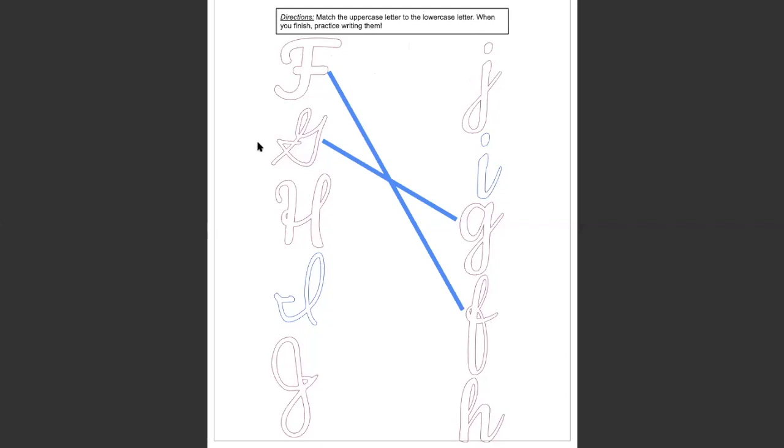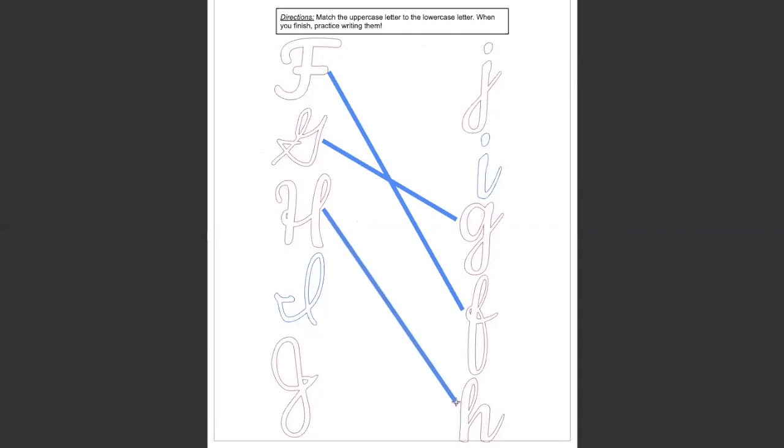See if you can do it, and then I can help you do it. If you draw a line, it looks just like this.